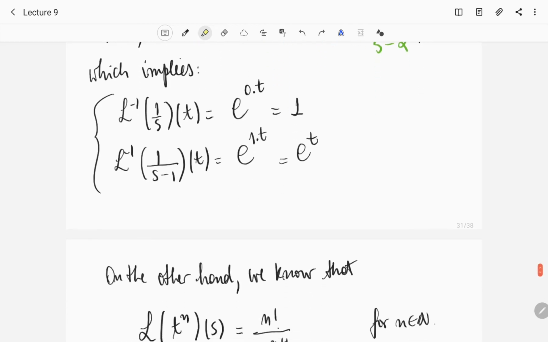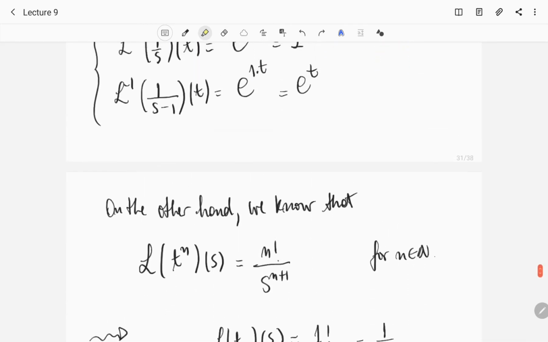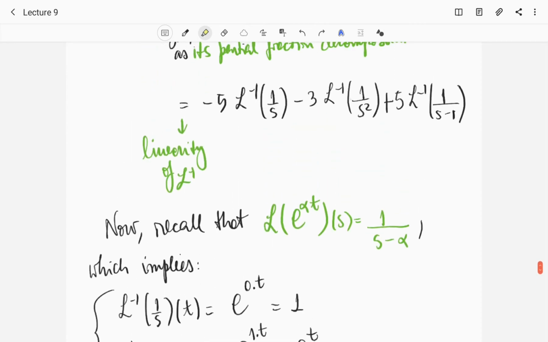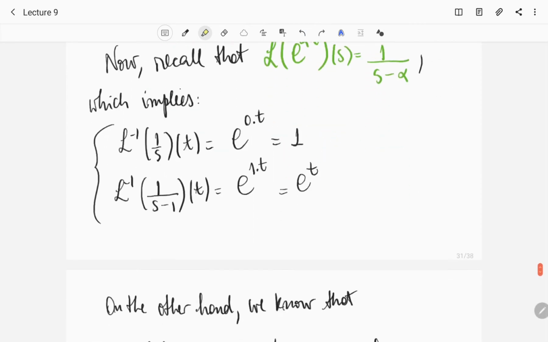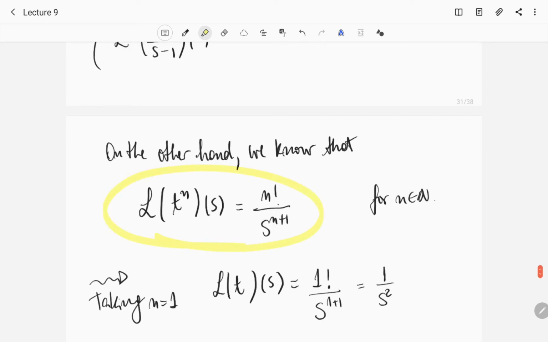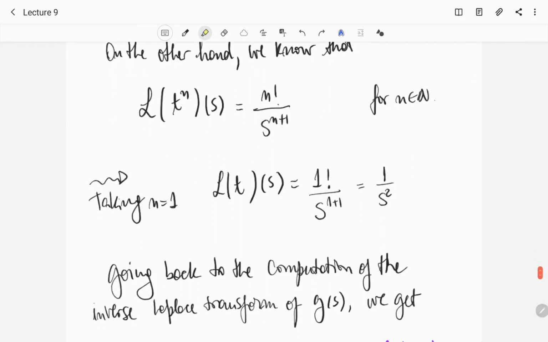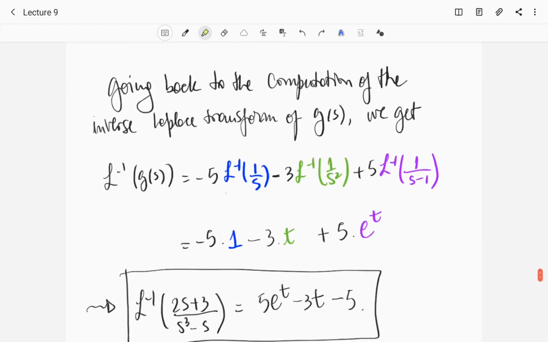So putting all this information together, for this term we now recall this other property, but for n equal to 1, that we also saw separately. So it's not super necessary to use this property because we also saw the one for n equal to 1. Now putting all the information together, we know that this comes from 1, this one comes from t, and this one from the exponential to the power t.